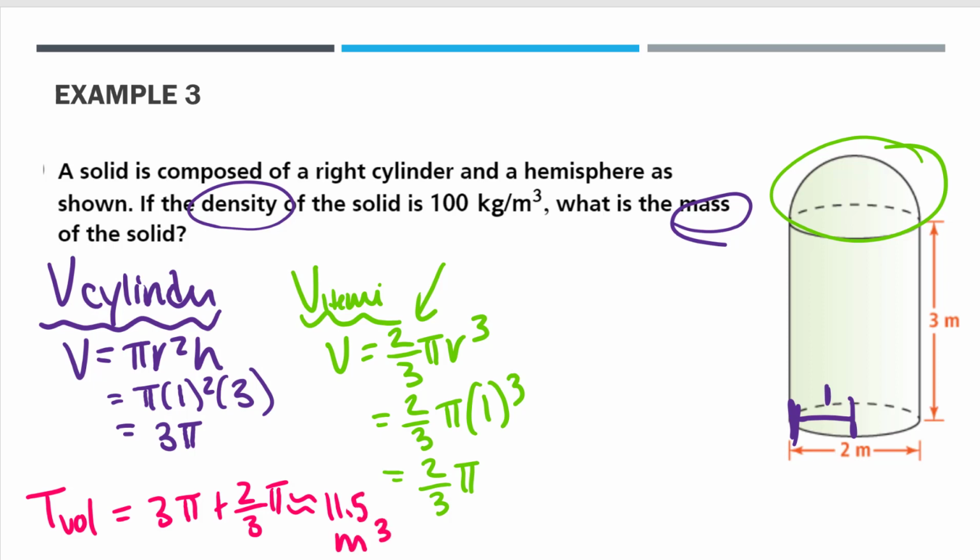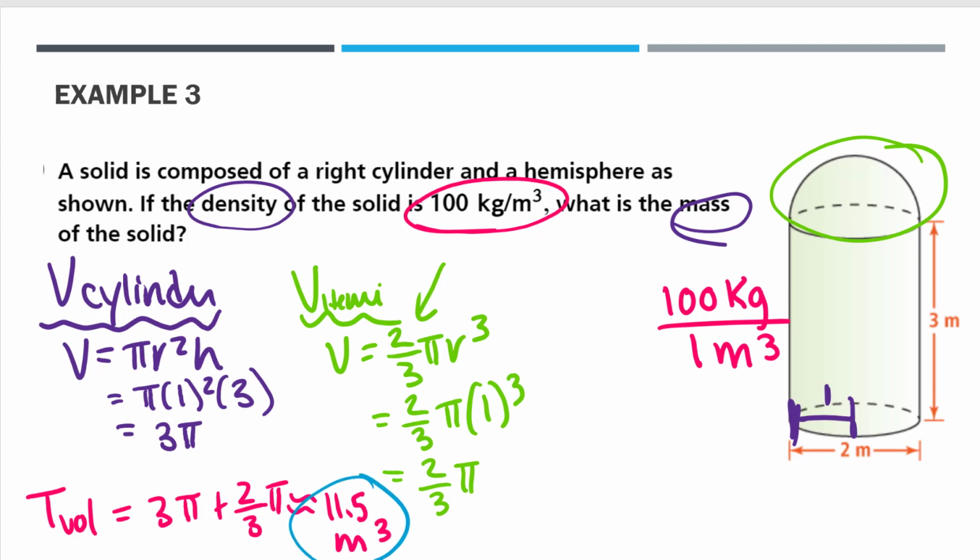Now the question is asking for the mass. Right now we just have that volume, but we're given a conversion. The conversion is 100 kilograms over 1 meter cubed. Now in the last video, I talked about how to cancel your units when you're converting.